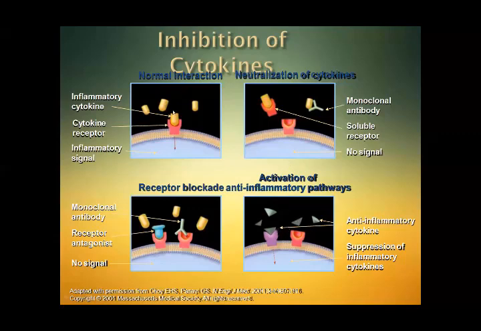So here you look at the inflammatory process: cytokine receptors and inflammatory cytokines attach here, leading to inflammation. And if you dislodge or clear these receptors, your inflammation can be stopped by anti-inflammatory drugs.